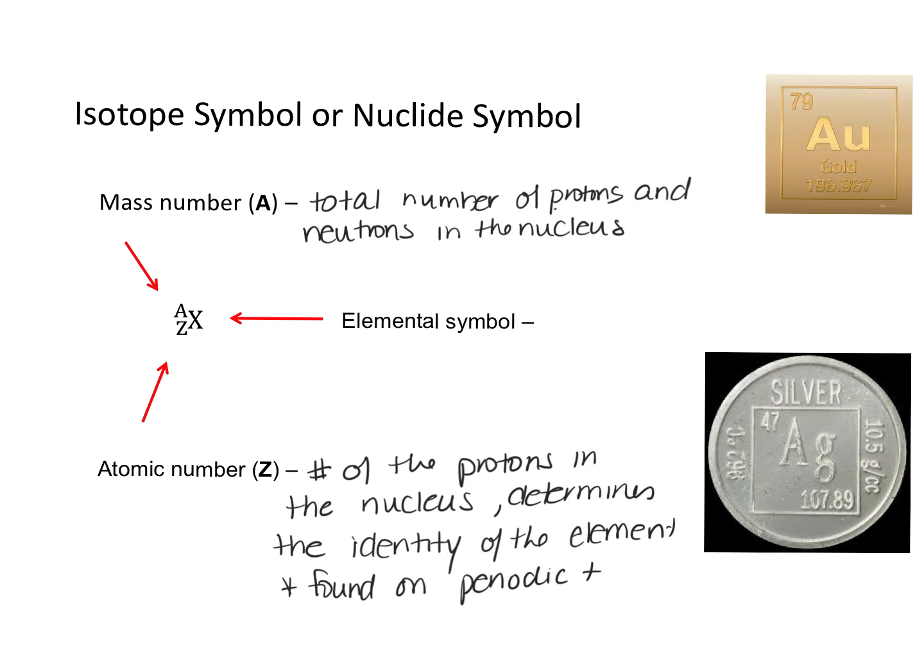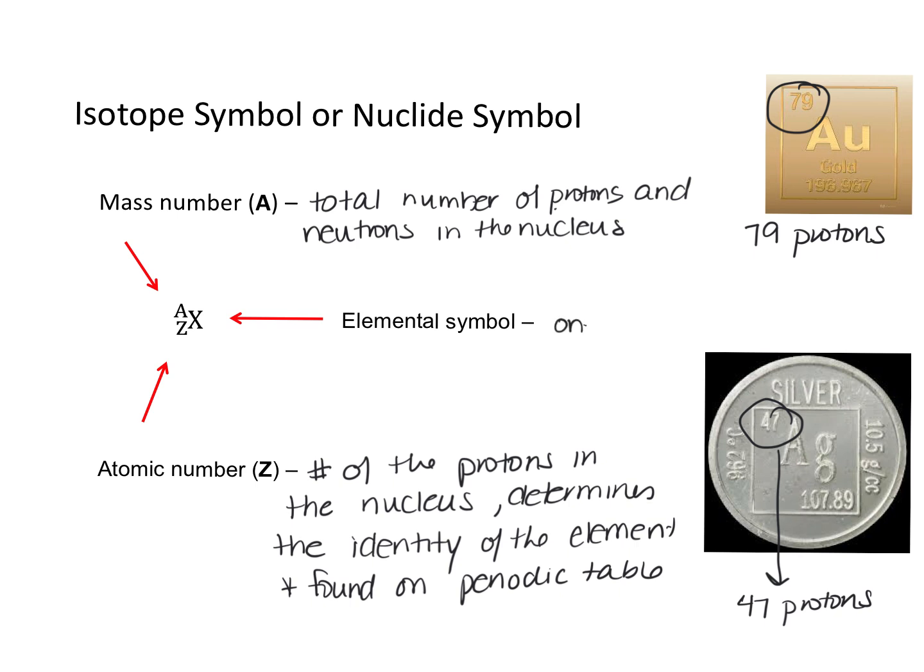So, for example, if you look at the periodic table and you look at gold, you're going to see gold is the 79th element. There are 79 protons in gold. Silver is the 47th element. There are 47 protons in silver. These are the atomic numbers. Then you're going to see the element symbol.